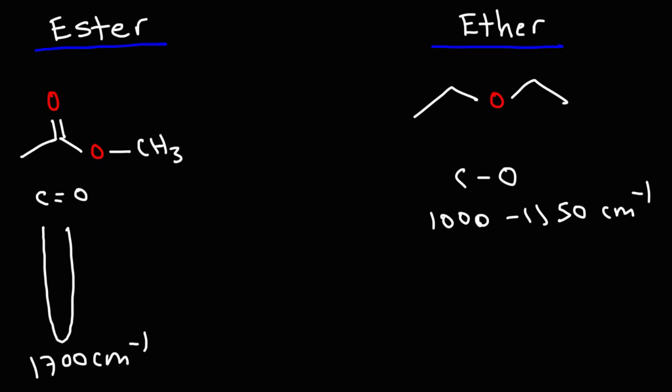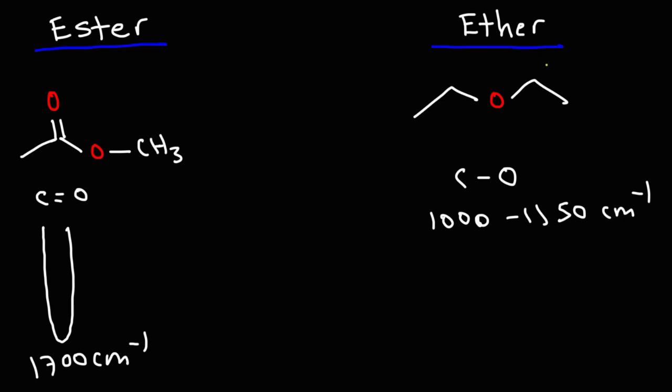Something that you want to keep in mind is that double bonds have higher wave numbers than single bonds. The C double bond O stretch absorbs at a higher energy than the CO stretch of an ether. And triple bonds have even higher wave numbers than double bonds. We'll talk more about that later in this video.